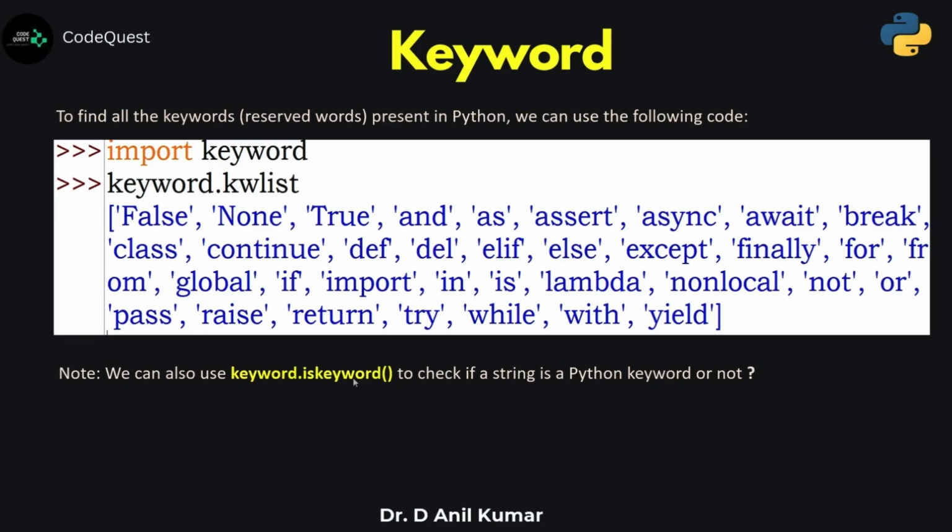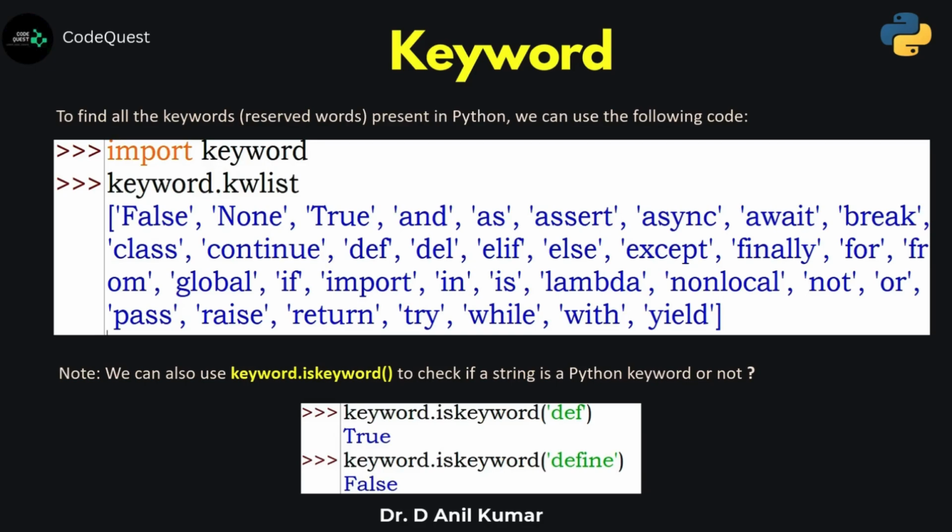When does it return True? When the string that we have given to this function is a keyword, then it will return True. If the string that I have given is not a keyword, then it is going to return False.